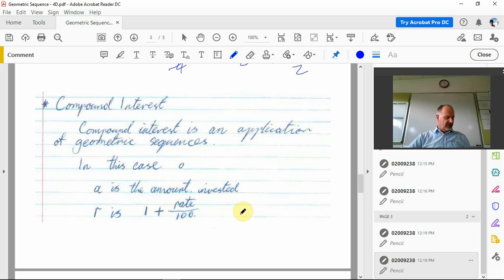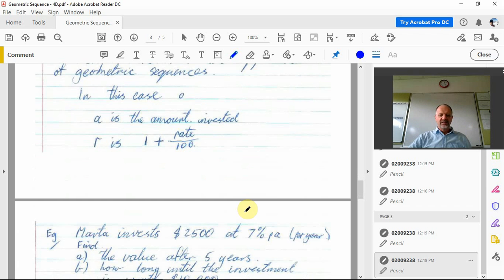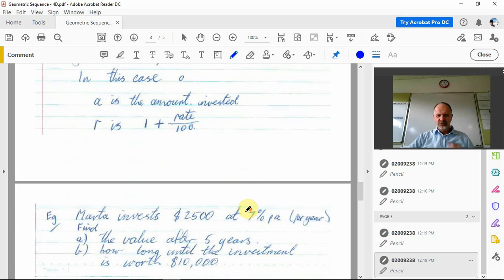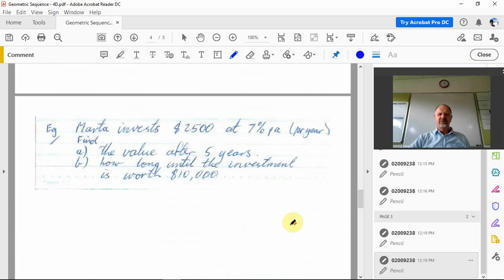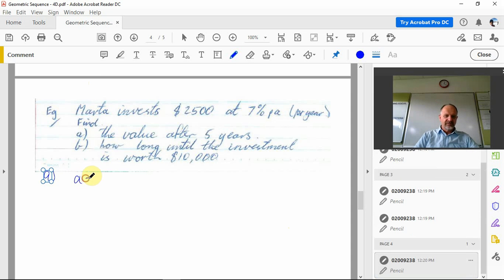All right, so if we have a look at an example, and this is Marta. Marta invests $2,500 at 7% per year. The value after 5 years. All right, so a is how much she invests, and she invests 2,500. r is 1 plus our interest rate on 100.